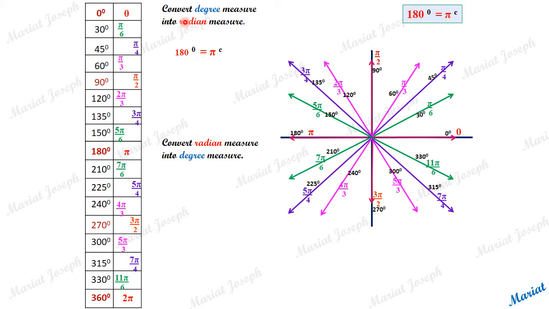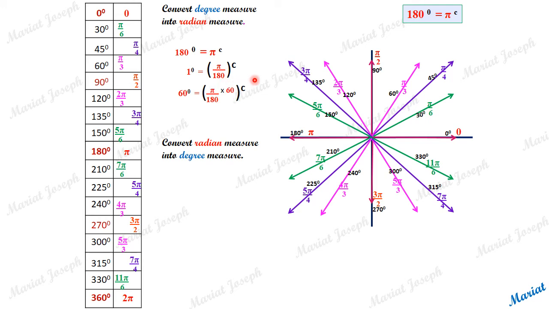When we want to convert degree measure into radian measure, take the equation 180 degree equal to pi radian and 1 degree is equal to pi upon 180 radian. If 1 degree is equal to this much, what about 60 degree? That will be pi upon 180 into 60 radian.